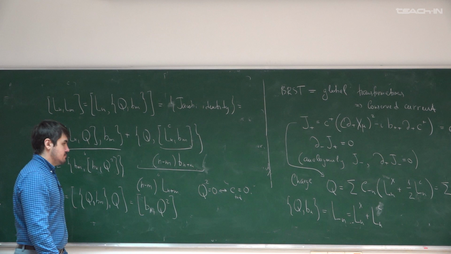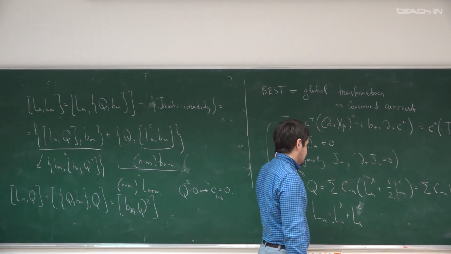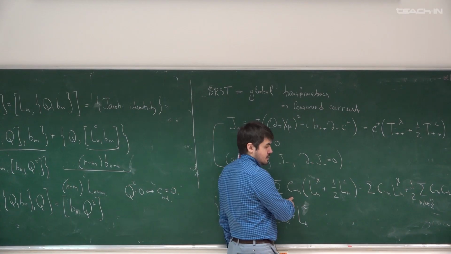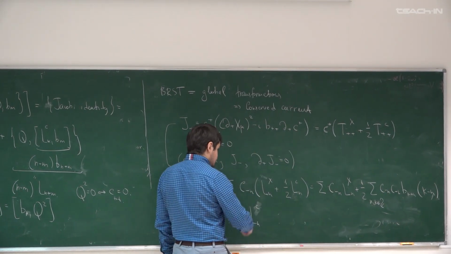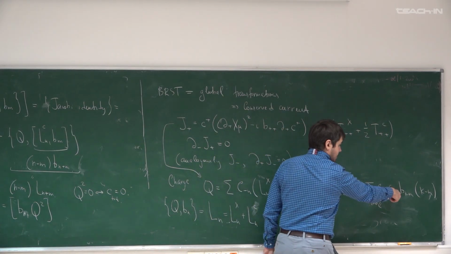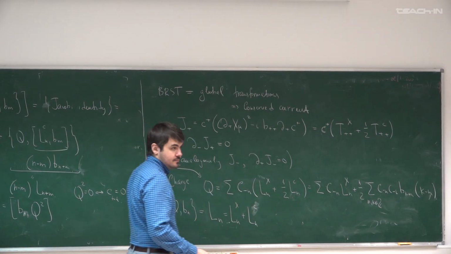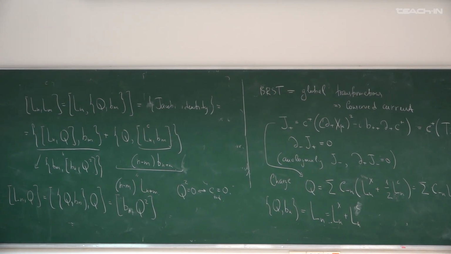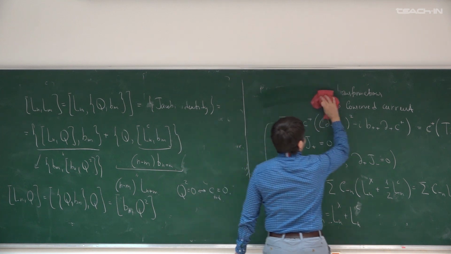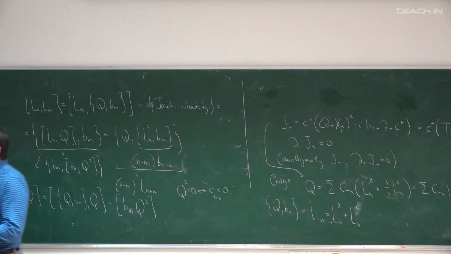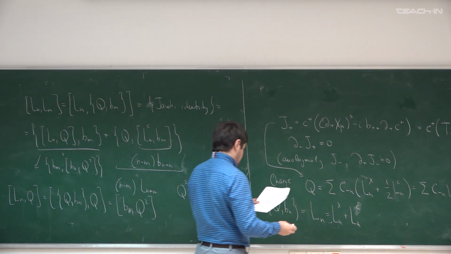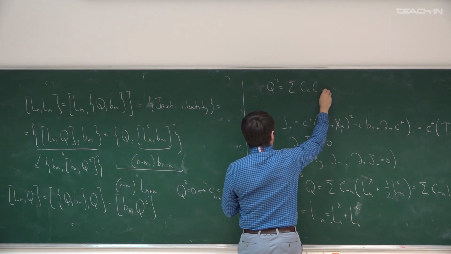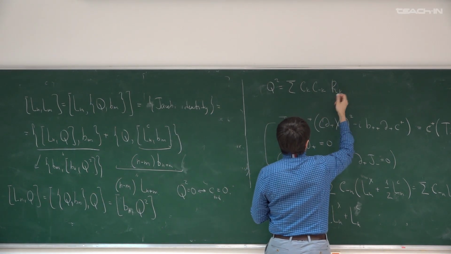If you think a little bit about it, you will realize that Q squared is quadratic in C. This is obvious for the first term, but when you compute the commutator, you compute this with this, and ultimately it will be quadratic in C. So the general form of Q squared is the sum of Ck C minus k times Rk, where Rk are some coefficients.